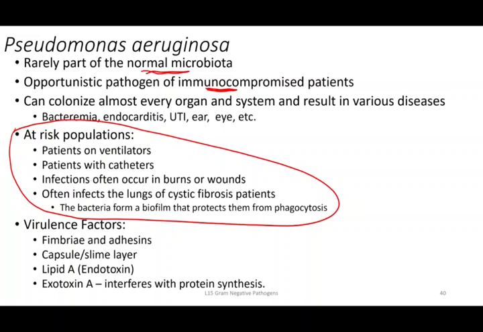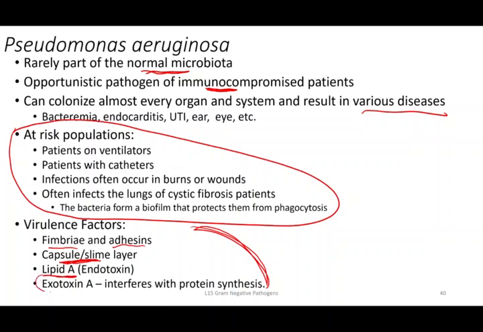And once it gets there, it can result in a variety of diseases, depending upon where it's at. And because of a variety of virulence factors that are shown here, hopefully you remember what these allow the bacteria to do. Fimbriae are those small hairs for attachment. Adhesins are the proteins for attachment. These are the two types of glycocalyx, so either for sticking or for avoiding the immune system. These are all gram-negative bacteria, so endotoxin can be an important virulence factor as well.